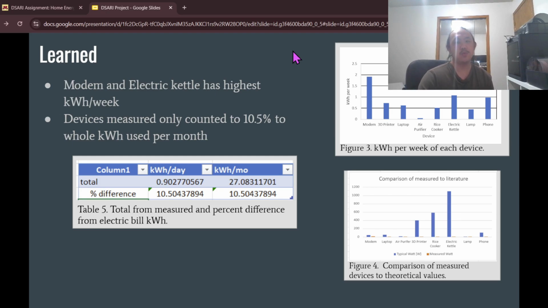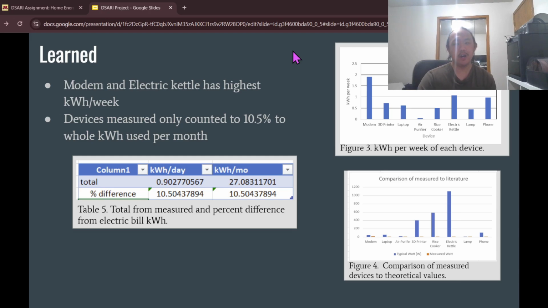Looking at the measured watts on the device as compared to the device specs found online, it seems that my devices were really low as compared to what's seen online. This may be due to the fact that my devices weren't on full power as compared to those specs, as I assume they use the full power of their device.